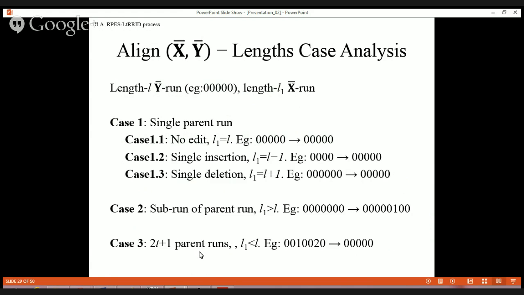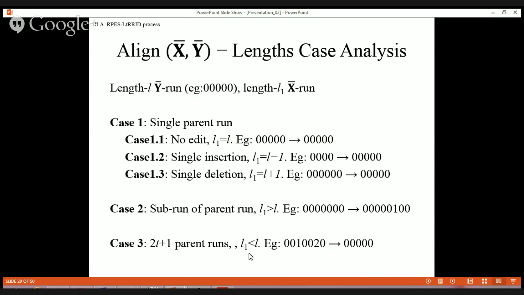In case 3, the parent runs are a number of runs where the number of parent runs is an odd number, for example, 2t plus 1 parent runs. In this case, there are t plus 1 runs with the same symbol as the Y hat run, and they are separated by another t length 1 runs of different symbols.